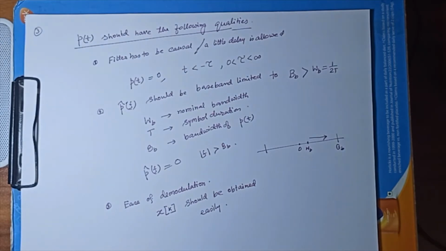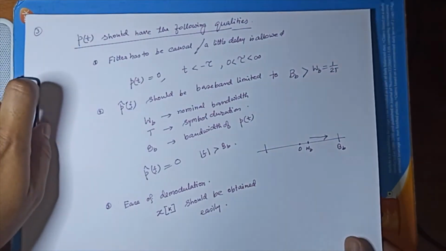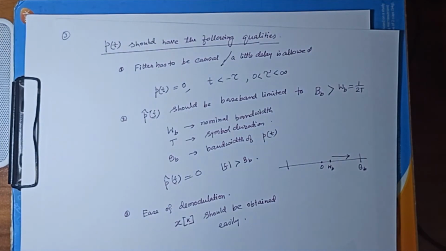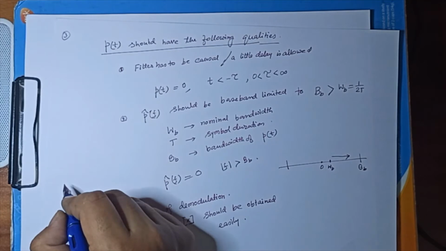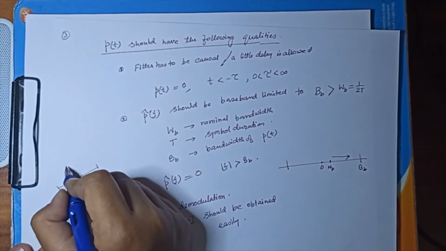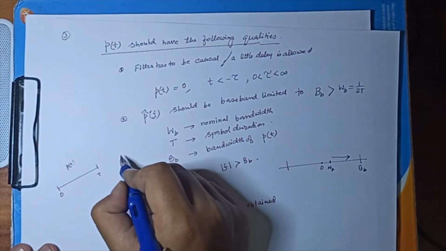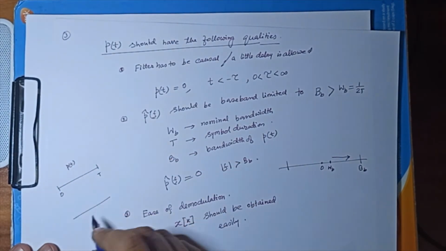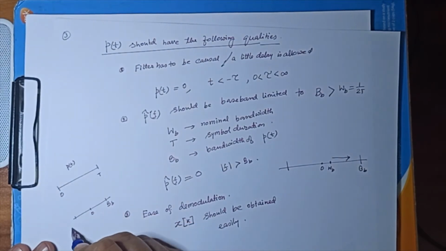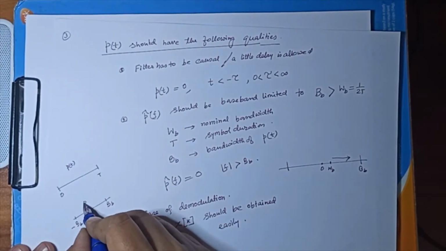Now let us see how we can connect these dots, using the characteristics of the Fourier transform. One thing we know is that if you have some p(t) with its time window 0 to T, its corresponding spectrum is, say, from minus B_B to B_B.